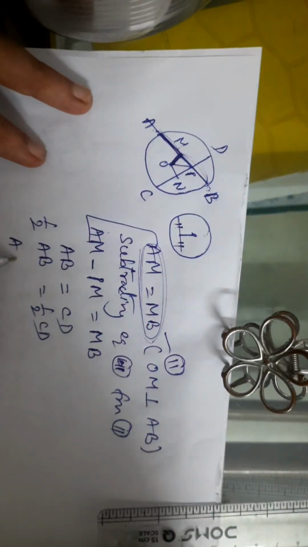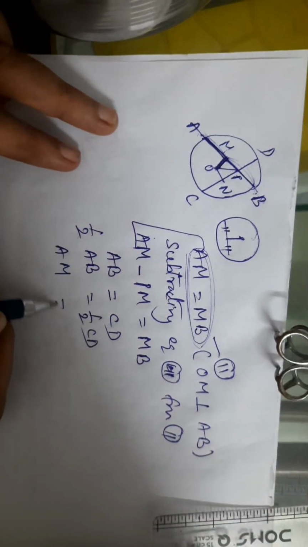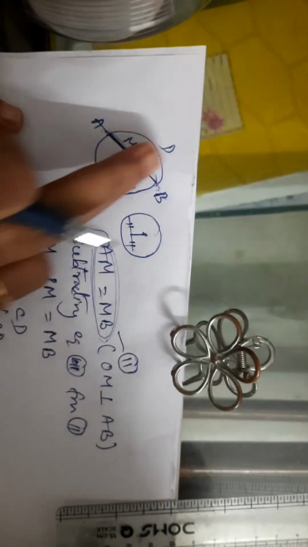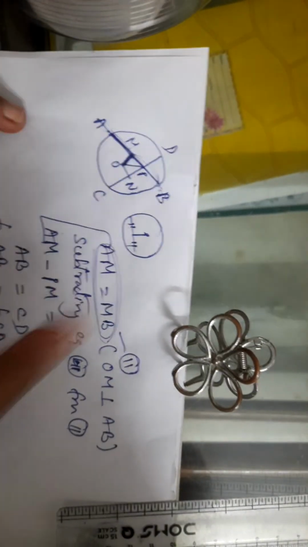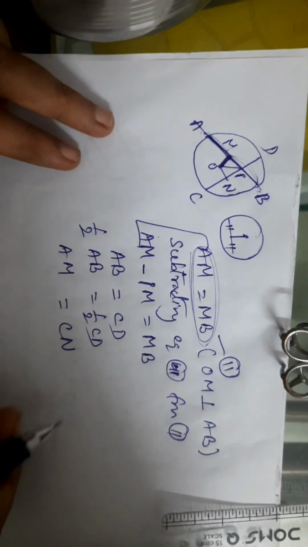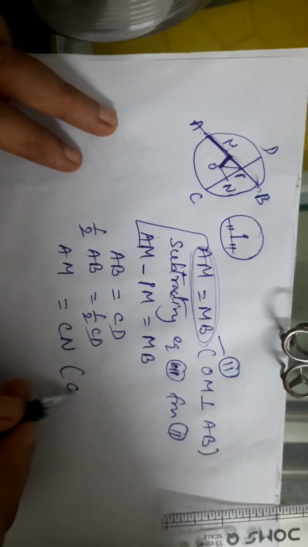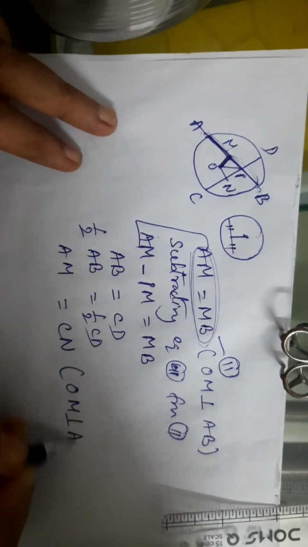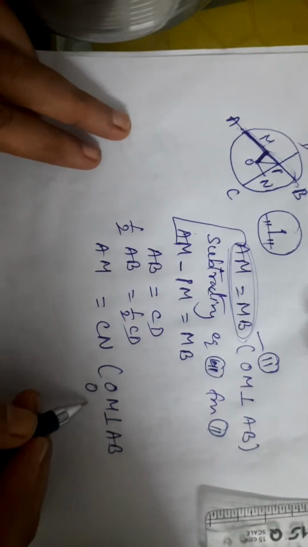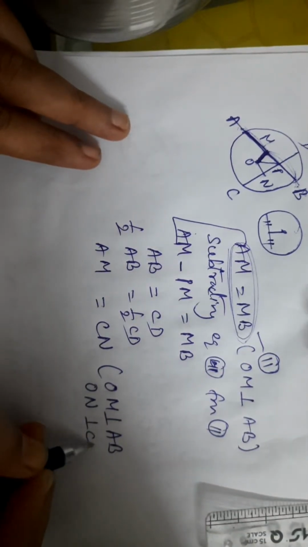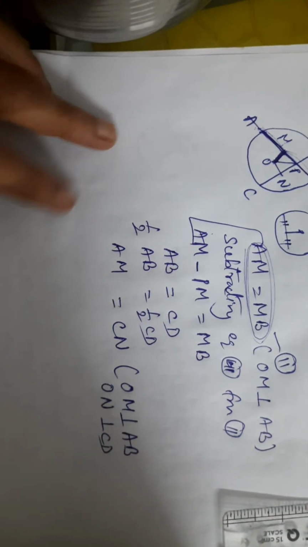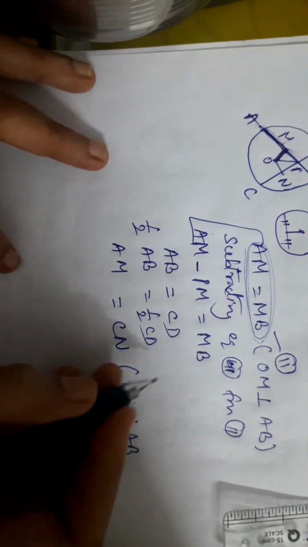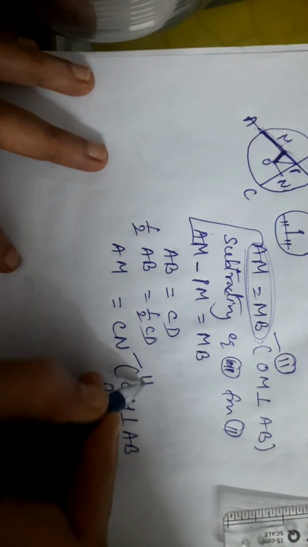So here I am replacing this by AM, and the same way half of CD with CN. Here the reason is, OM is perpendicular to AB and ON is perpendicular to CD. So the chords got divided into equal halves. So this is now our second equation.